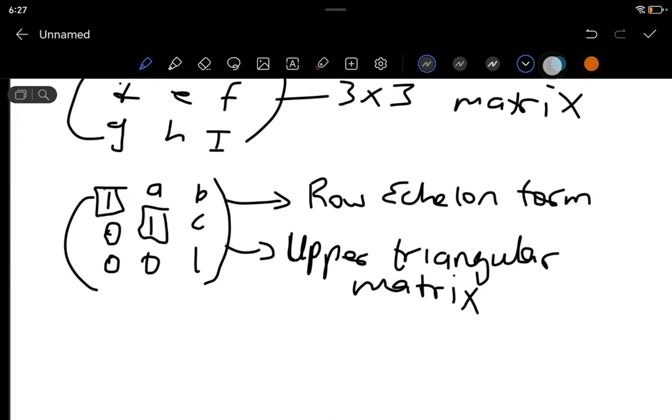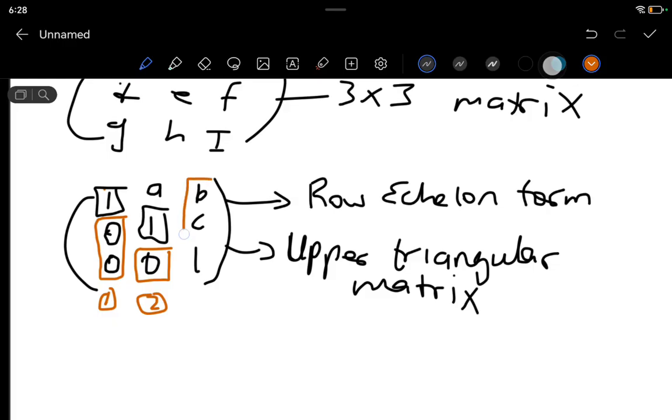So whenever you are changing something to a row echelon form, don't change this to a 0 first before changing all this to a 0. This one here should always be your last entry to change. First, you change these two. You do the first job, change those two. You do the second job, change this one to a 0.